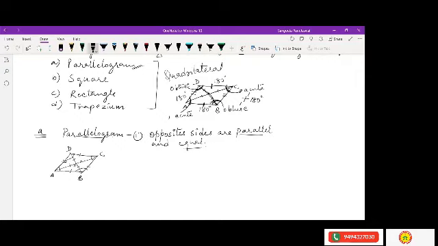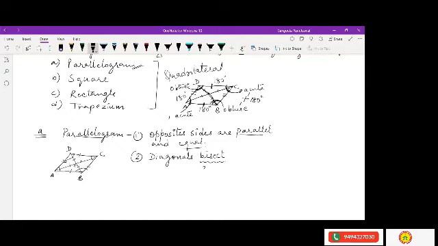Then what did we study? The diagonals. Okay, we studied about the diagonals also. Diagonals bisect each other. What do you mean by bisect? Bisect means cutting into two equal parts.